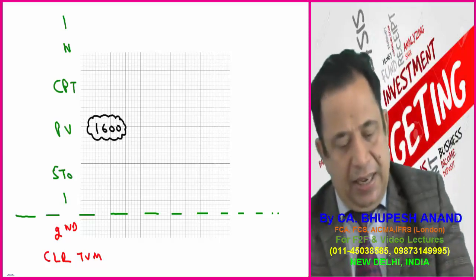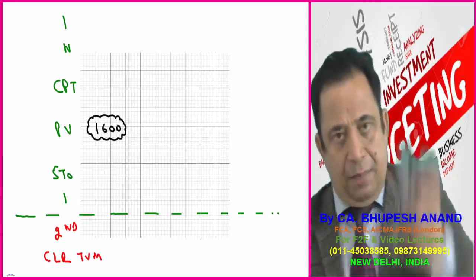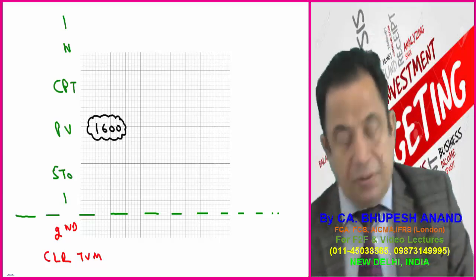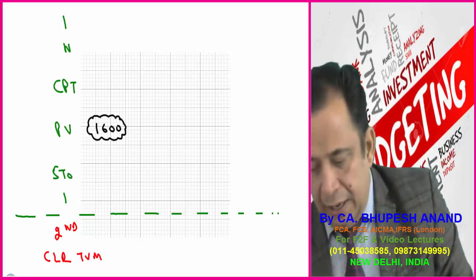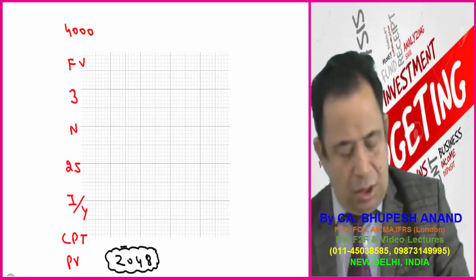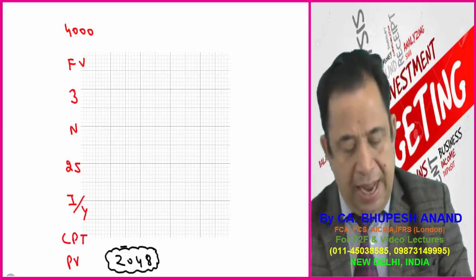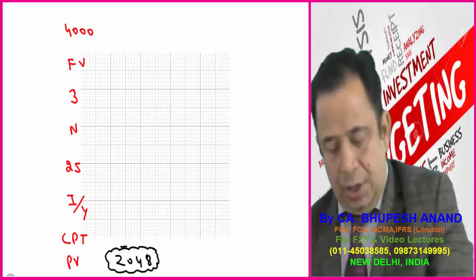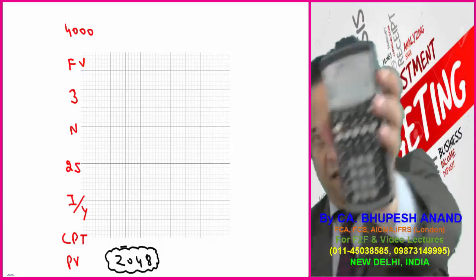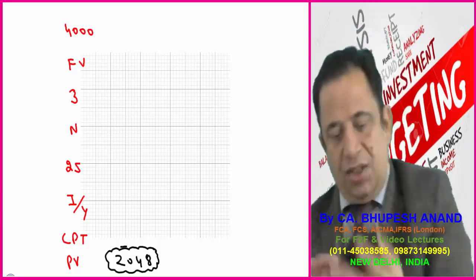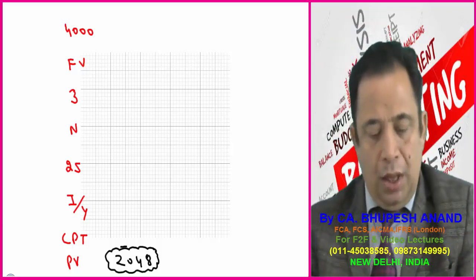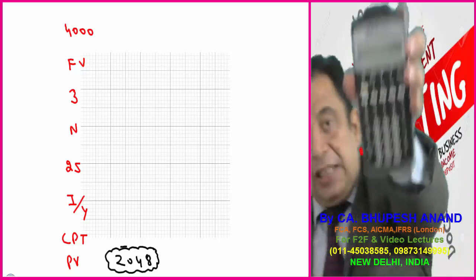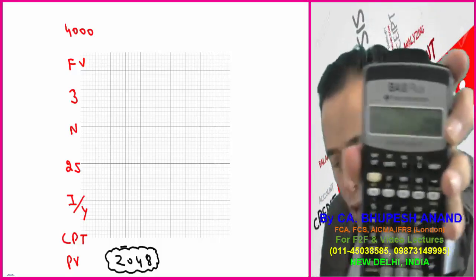Now after clear TVM, again I have to press 4,000 as future value, 3 as N, 25 as YI, interest, discounting rate, compute present value. So that is coming as 2048.